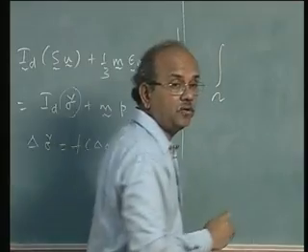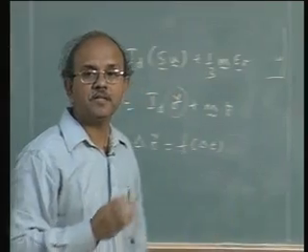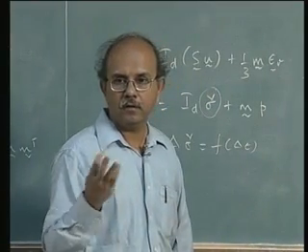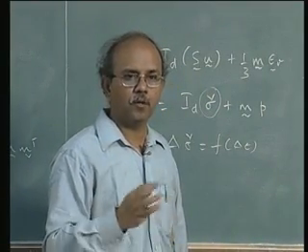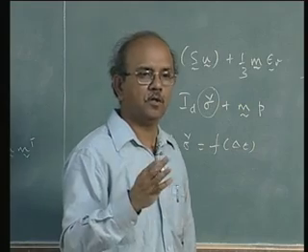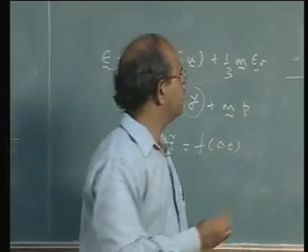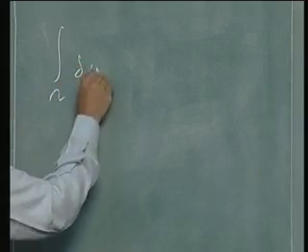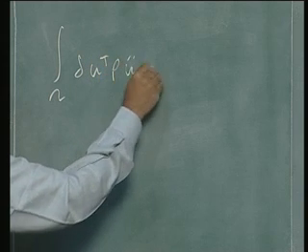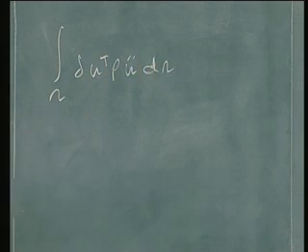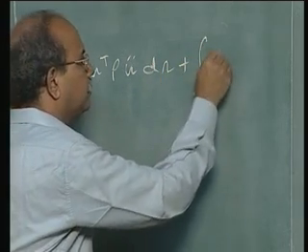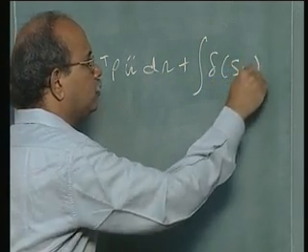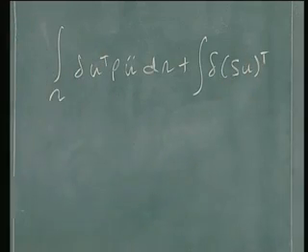Now what I am going to write down also involves the inertia part of the force. If you want to include it, you can include it, or you can neglect it as well. So the first term is the inertial force, rho u double dot d omega, plus delta of S u transpose.